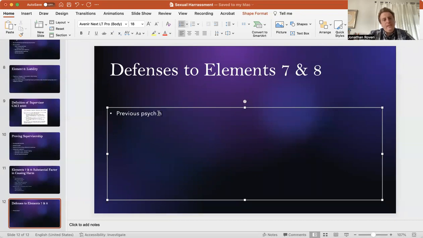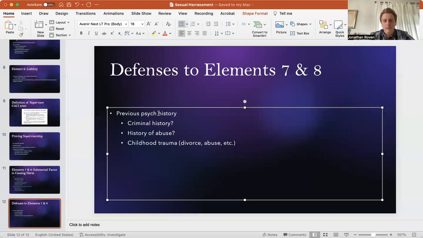they'll bring up previous psych history. So like criminal history, history of abuse, childhood trauma, like divorce, abuse, etc. Anything that they can get their hands on.